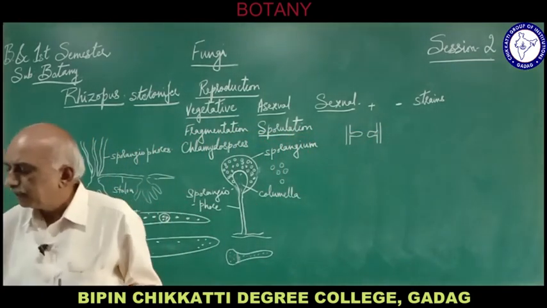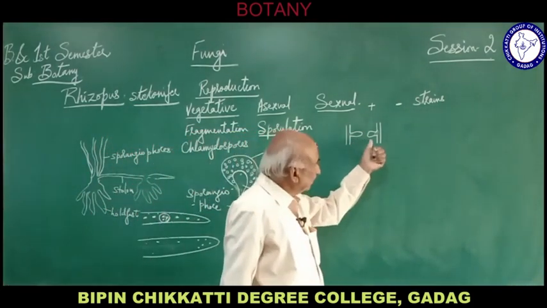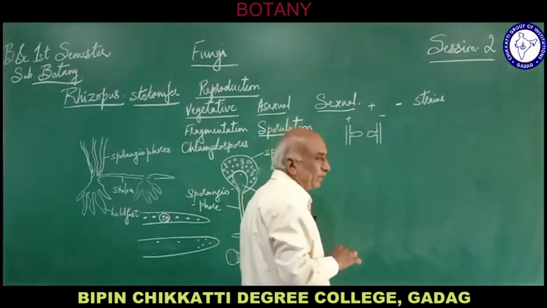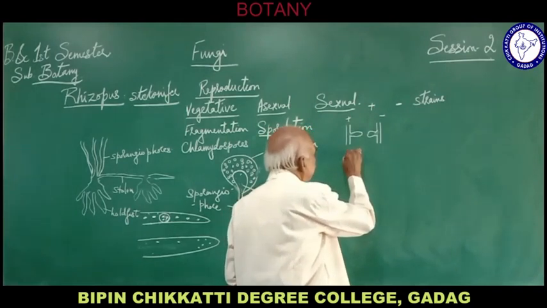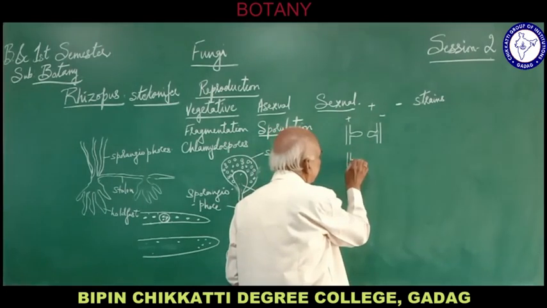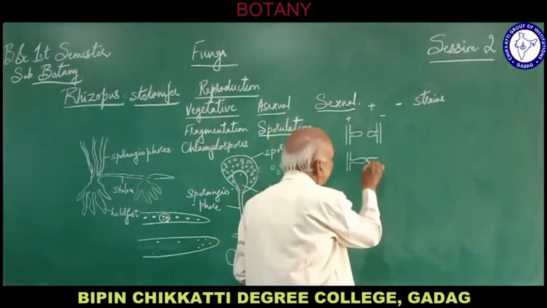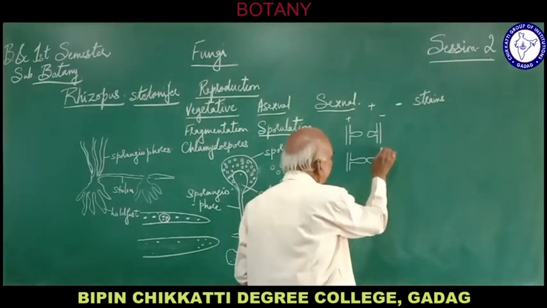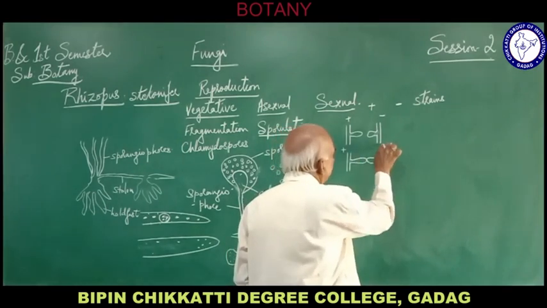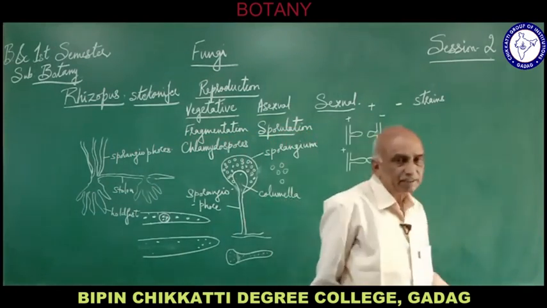These branches given rise by the plus type hypha and the minus type hypha come in contact with each other. This is plus type and this is minus type. So these two come in contact with each other.